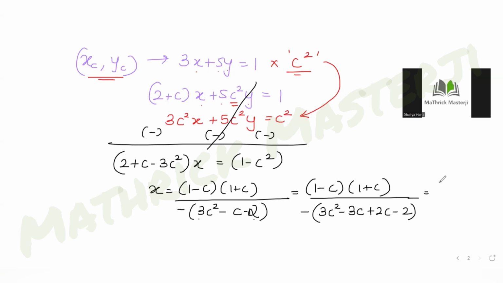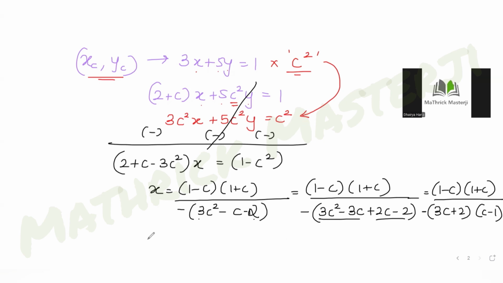From here, what I get is (1 − c)(1 + c) divided by, if I see 3c is common, you get (c − 1). And here also 2 is common, so you get (c − 1). So you have basically (3c + 2) and (c − 1) with also a negative sign.